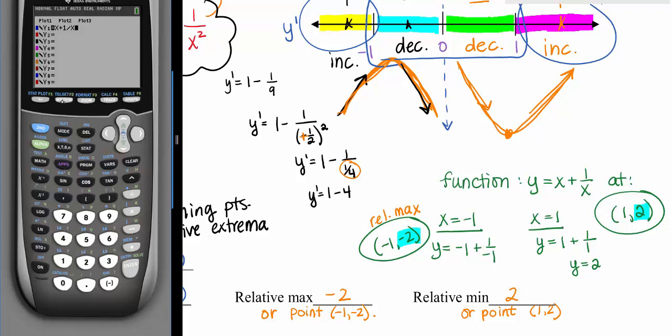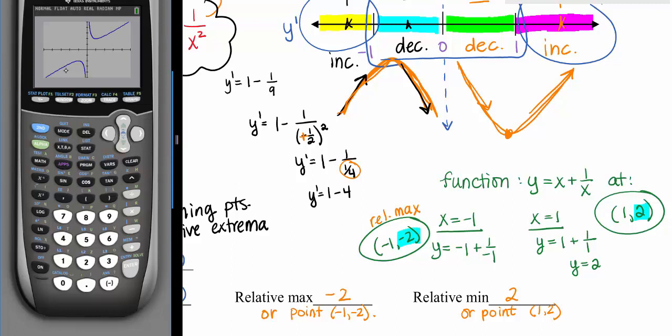So I'm going to hit window, and I'm just going to say x min, maybe we just go -5 to 5. X scale 1 is fine, and y min, I'll do the same because again, I think this graph is going to be pretty small, so this should give me a good view of it. And if I hit graph, I'm going to be able to see exactly what we thought, and I'll just go over a couple key features, then we'll be done with this part of it.